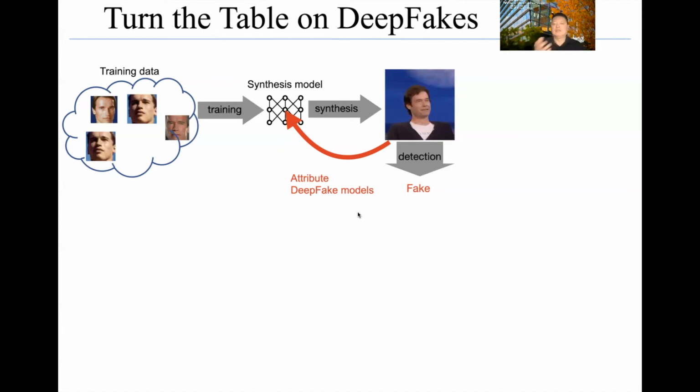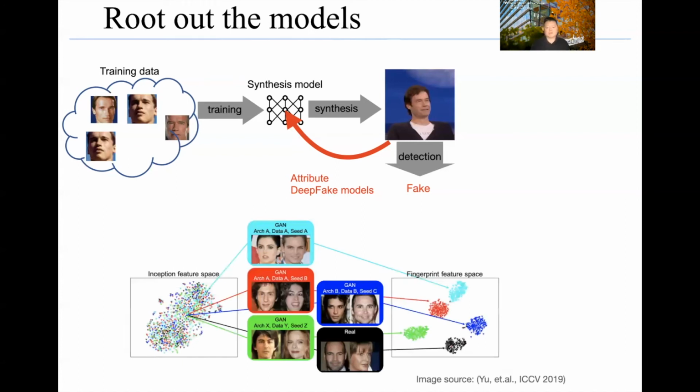So the more we can infer the details of the generation process, the better it will help us to identify the person behind that fake media. There have been a few works in this area. Most of these methods work by embedding the fake media, fake images in this case, into a fingerprint space, a feature space.